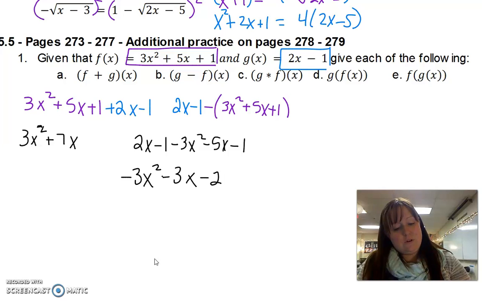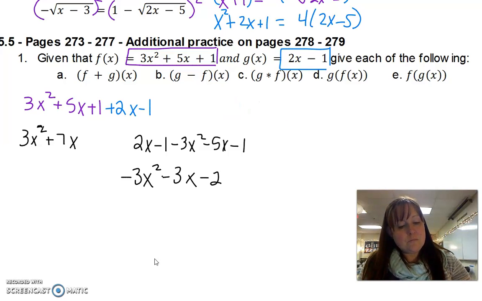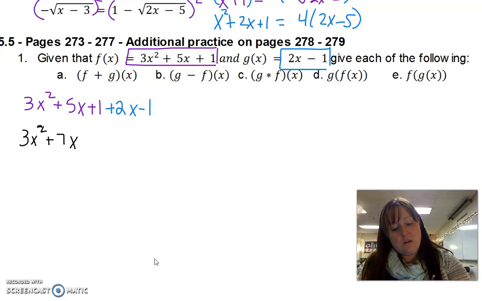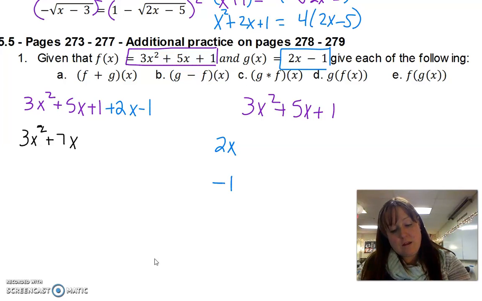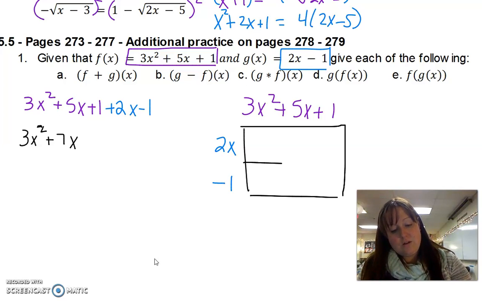All right, I'm going to have to erase that so I have a little more space. All right, the next one is g of x times f of x. So we have 3x squared plus 5x plus 1 times 2x minus 1. And since this is multiplying, you could use some of our tools.